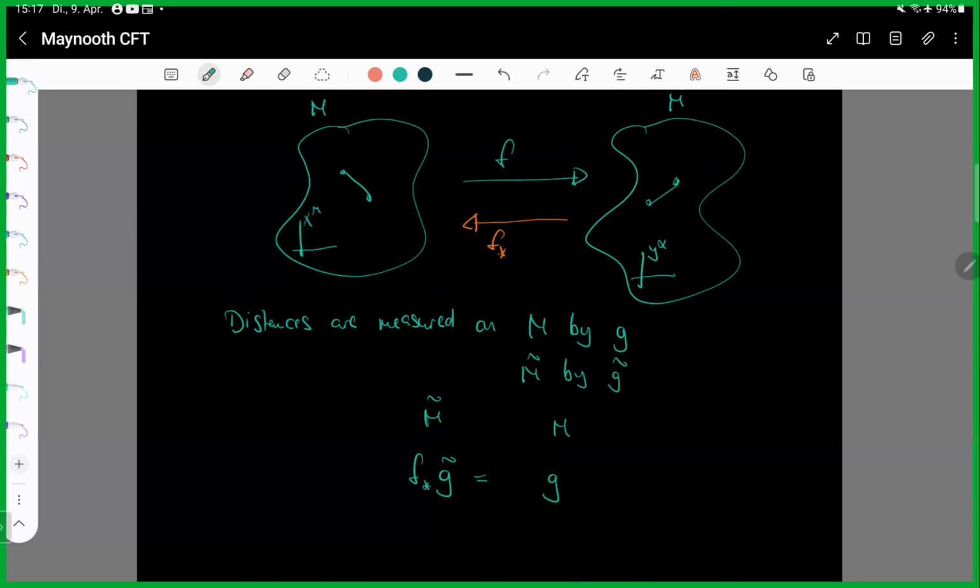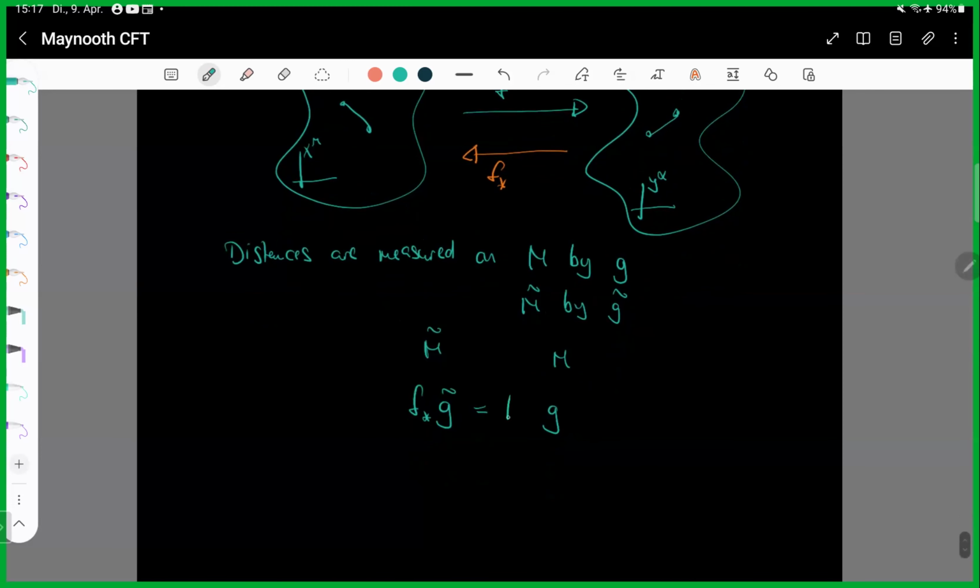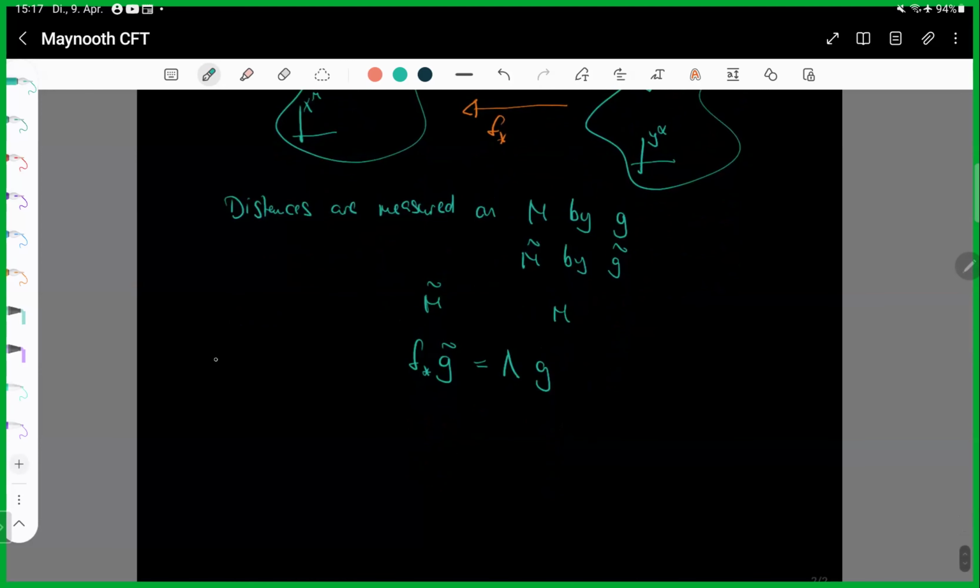But you actually have some freedom if we want something called a conformal transformation. So this is, let's call this lambda of, not of x yet, lambda G. So F is called conformal if it satisfies a relation of this type.